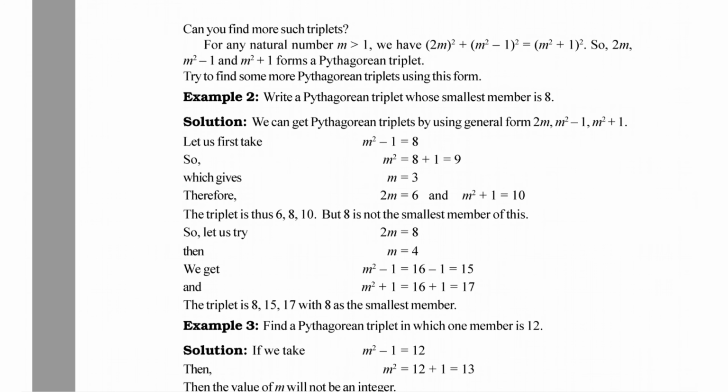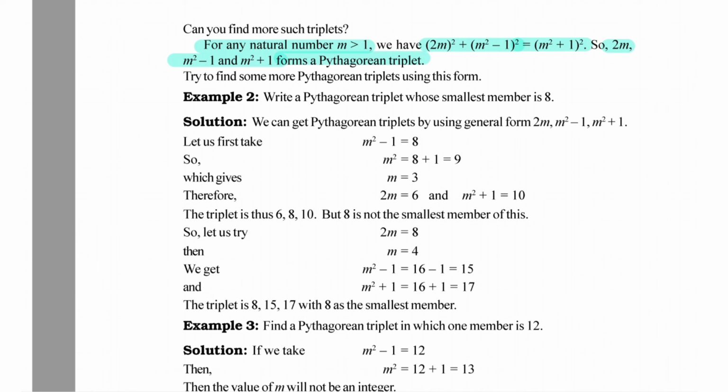Now how can we generalize this? Okay. So for any natural number m greater than 0, we have (2m) squared plus (m squared minus 1) whole squared is equal to (m squared plus 1) the whole squared. So here 2m, m squared minus 1 and m squared plus 1 form Pythagorean triplets.